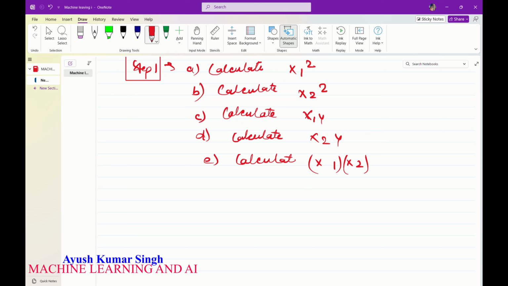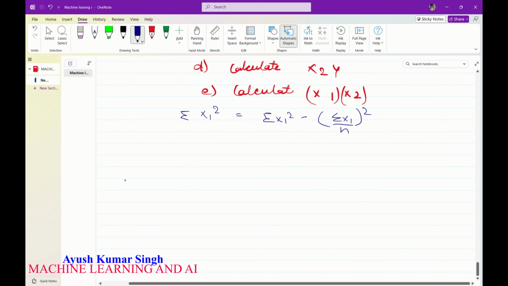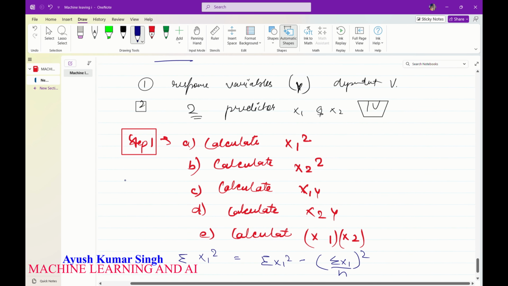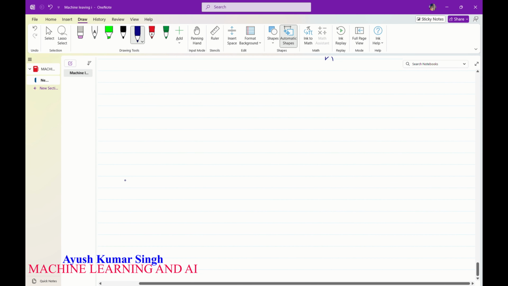Now, the thing you need to find is sum of x1 whole square is equal to sum of x1 whole square minus sum of x1 upon n whole square. Okay. For example, if we take this calculation further, let's suppose we have two independent variables.